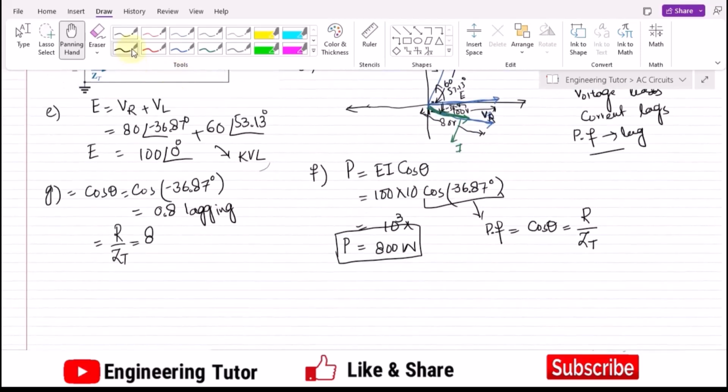So writing it here, I will get 8 over 10, and from it I will again get 0.8, and due to the nature of the circuit, that is lagging. So from these two methods we can calculate the power factor here.